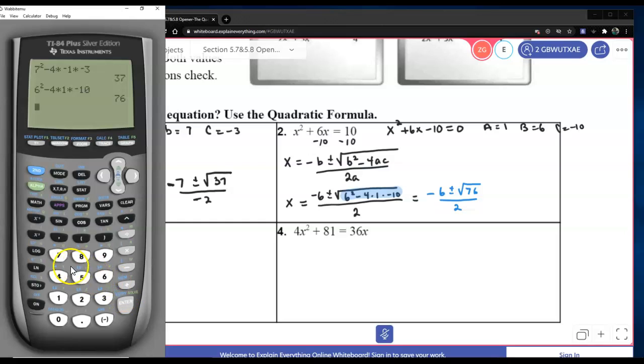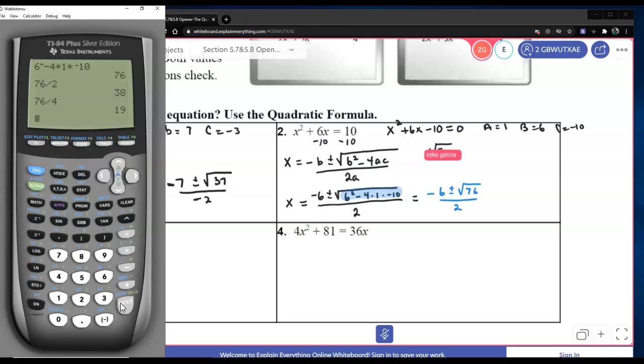We probably want to see if we can divide 76 by 2. It is divisible by 2. Just kind of curious, what would it be if we divide by 2? It's 38. So 76 divided by 4, it looks like it's divisible by 4. It is. Why is that important? It's important because you can simplify.